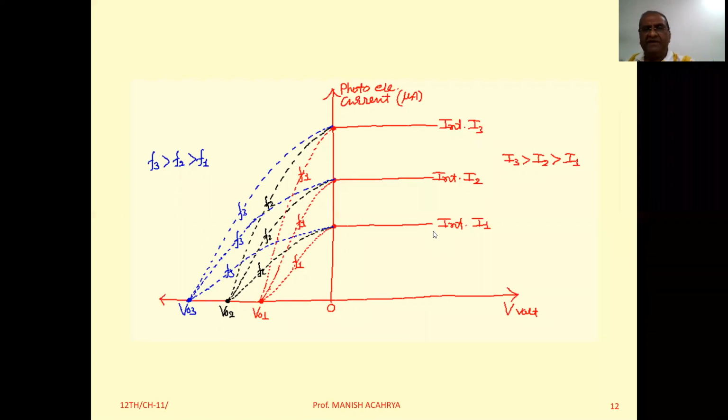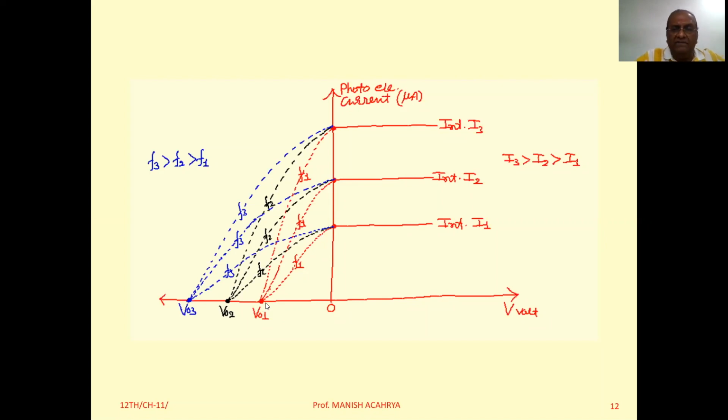Thereafter, when the potential on the collector was made negative and the negative potential increased, they observe this thing, the photoelectric current slowly decreases, and at a particular negative potential on the collector, the photoelectric current becomes zero.